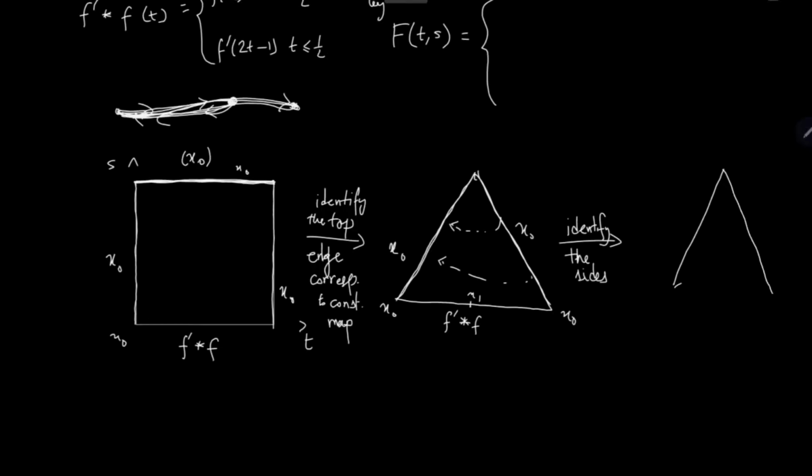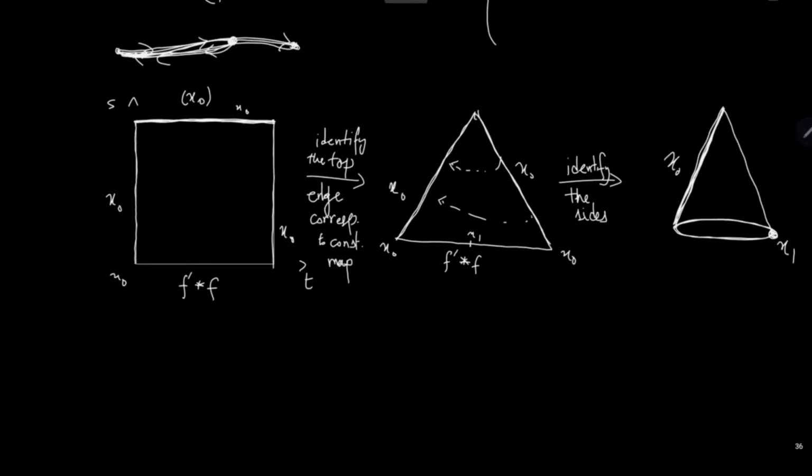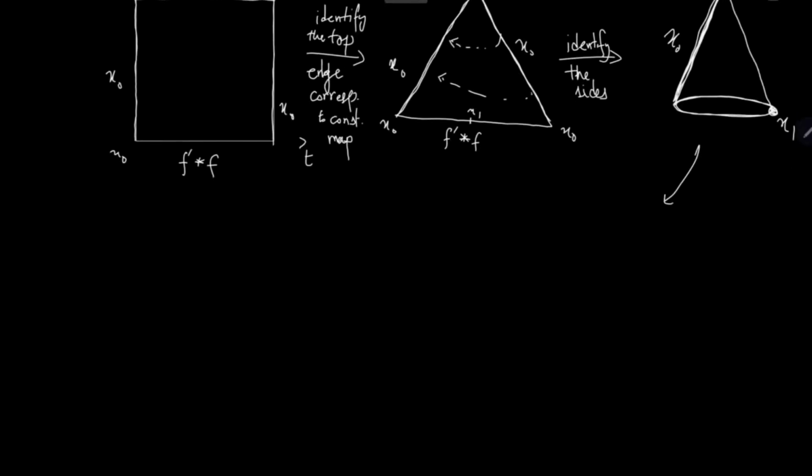Suppose we are looking at this cone from the bottom up, and this one entire side is just x naught. This point is x1, and we just never go to x1 again. So now we orient this cone properly, orienting the cone in space.